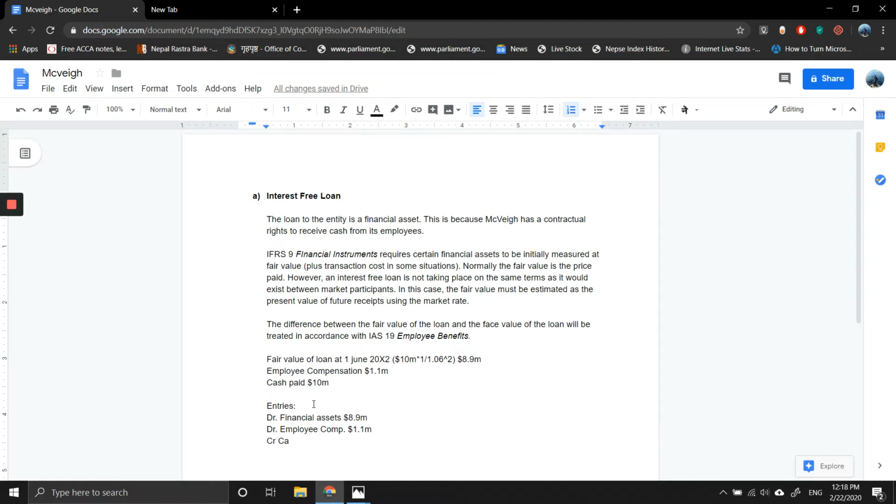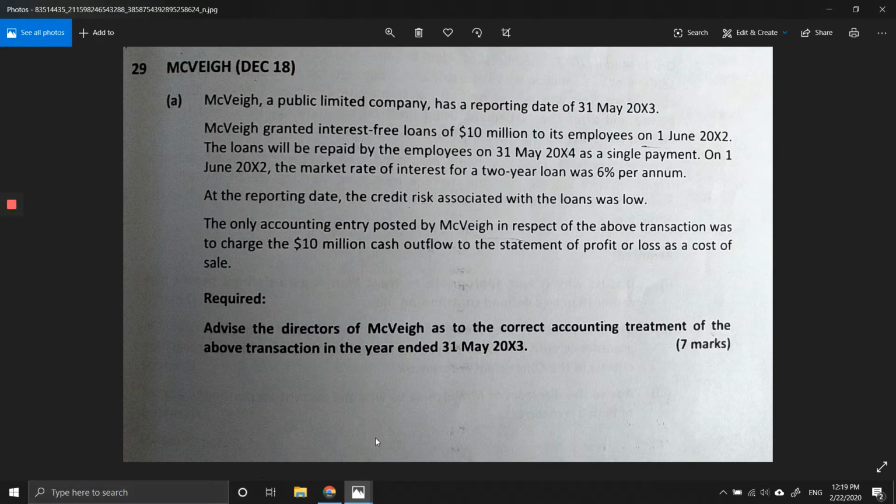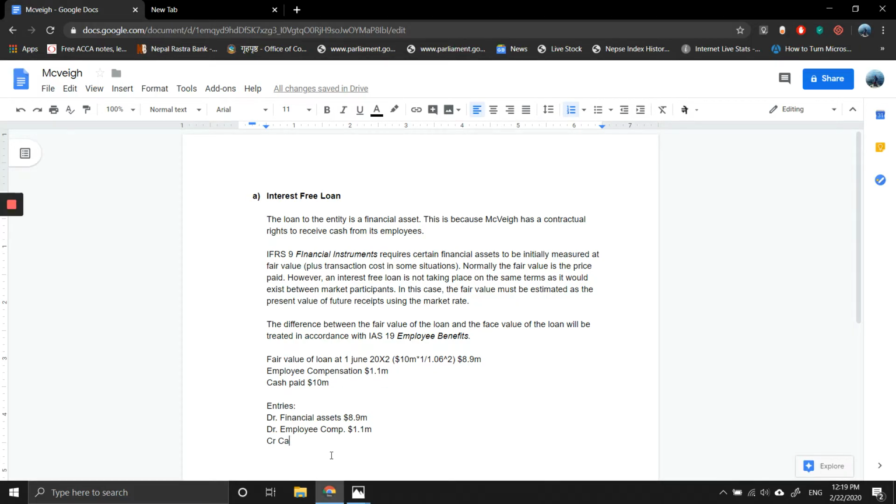Remember, over here the cost was already charged to cost of sales, so they had debited cost of sales. We need to reverse it. That's what I'm doing: credit cost of sales, which will be 10 million.